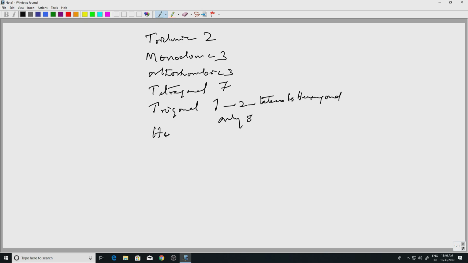Then hexagonal 7, totally 27. Now the cubic.